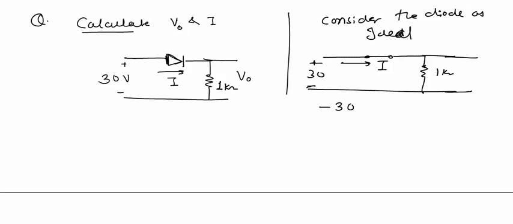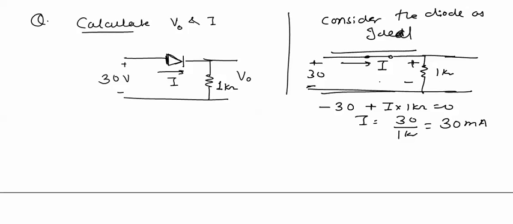Minus 30 plus this current will flow through this diode, and a voltage drop will be there, I into 1 kilo ohm equal to 0. So I will be equal to 30 upon 1 kilo ohm, which is 30 milliamperes. And we can see that across these two terminals plus 30 volt is applied, and the whole plus 30 volt is going across the output terminals. So the output voltage V0 will be equal to 30 volts.